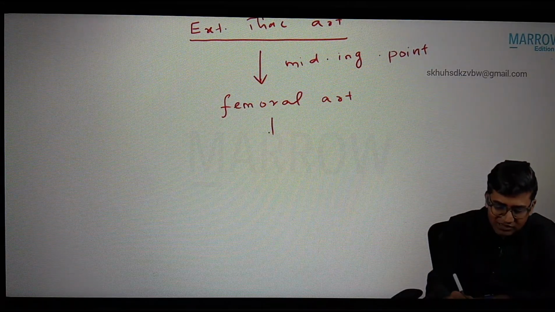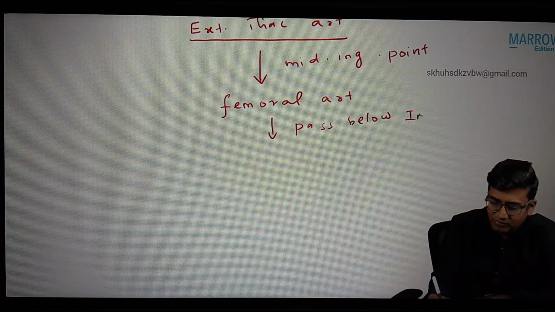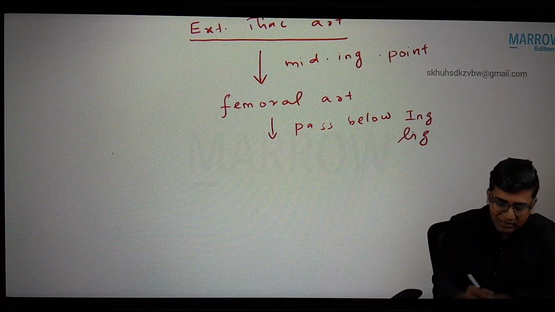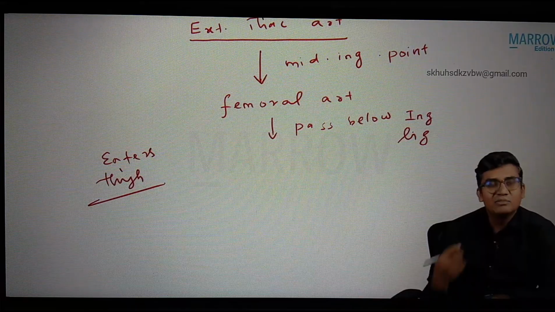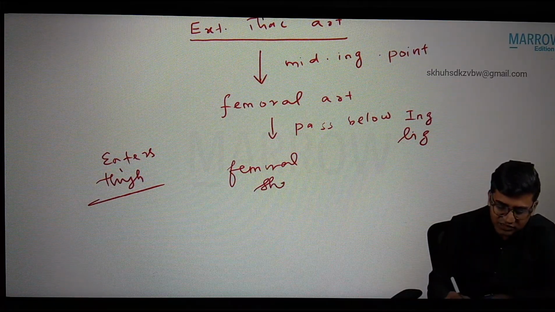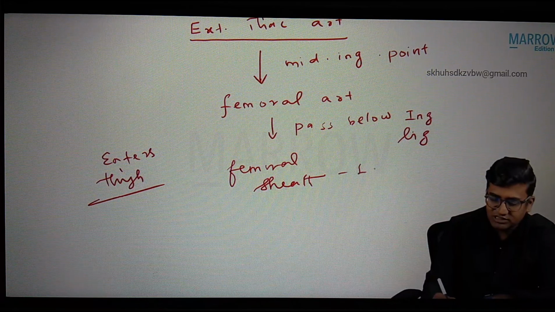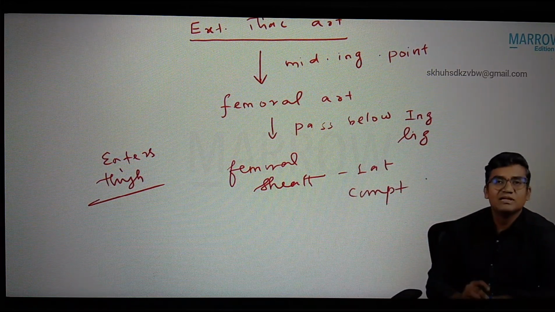Then the femoral artery passes below the inguinal ligament and enters the thigh. Now in the thigh, the femoral artery is enclosed by femoral sheath, in which compartment? Very good, in the lateral compartment.